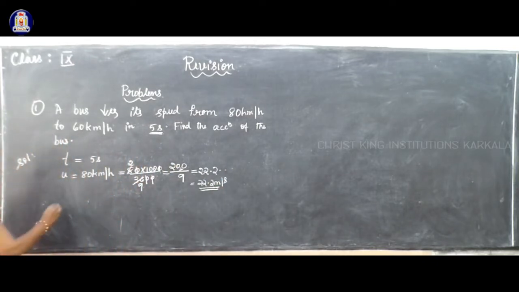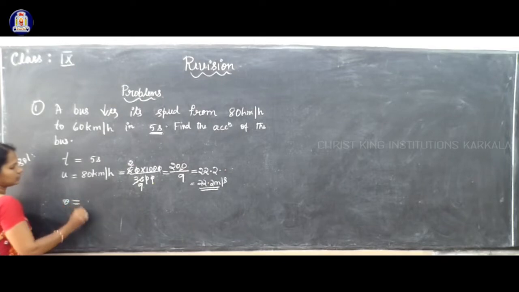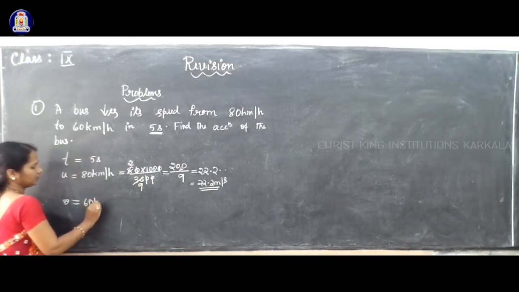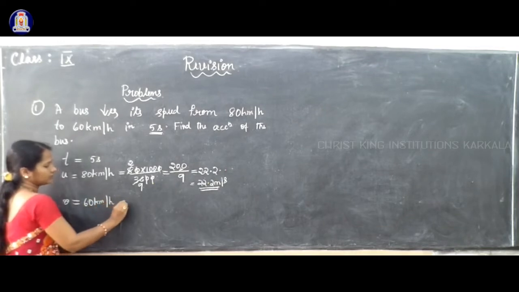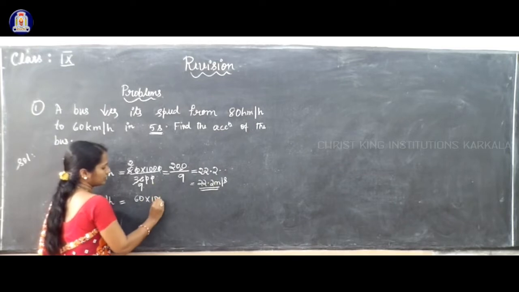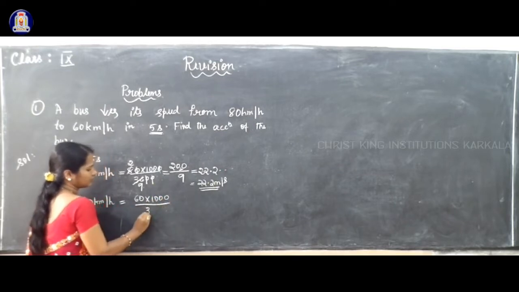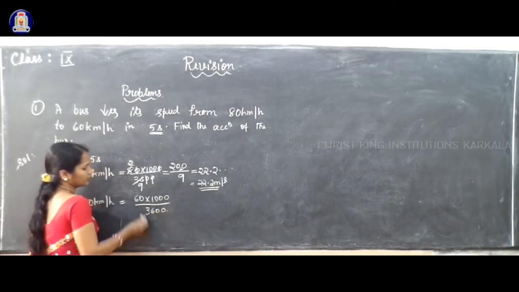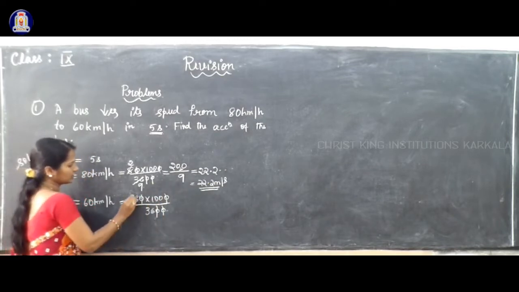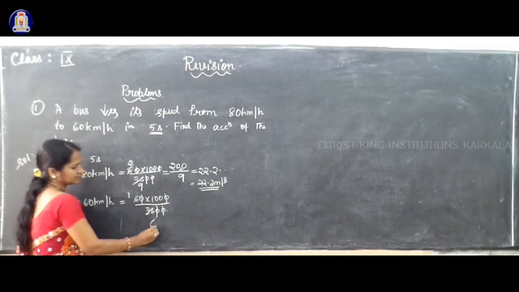Now final velocity V equal to 60 km per hour. Convert to meter per second. 60 into 1000 divided by 3600. 0 cancel. 6 1s are 6, 6 6s are 36.